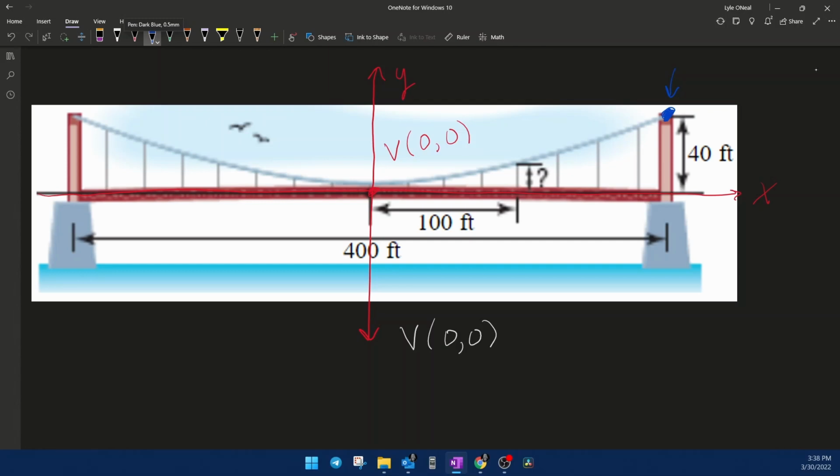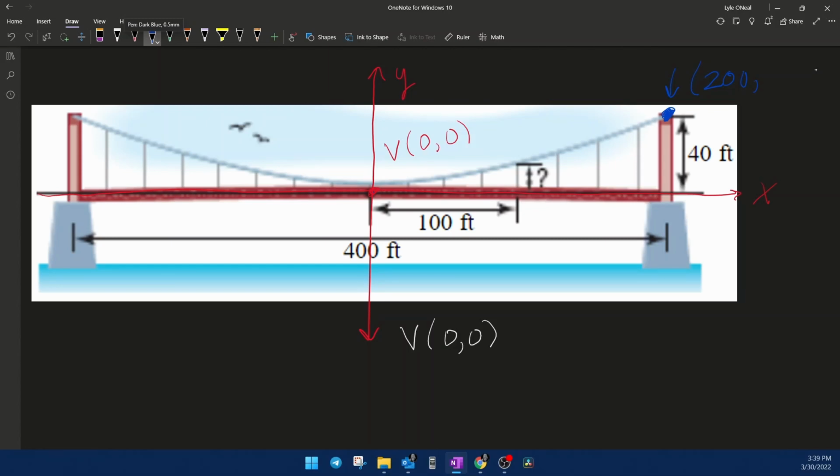Now I know that the x-coordinate of the ordered pair would be the distance from the center to the tower. And it's 400 feet from tower to tower. Since we located the vertex in the middle, the distance from the center of the bridge to the tower would be 200 feet. It's going to be half of 400.